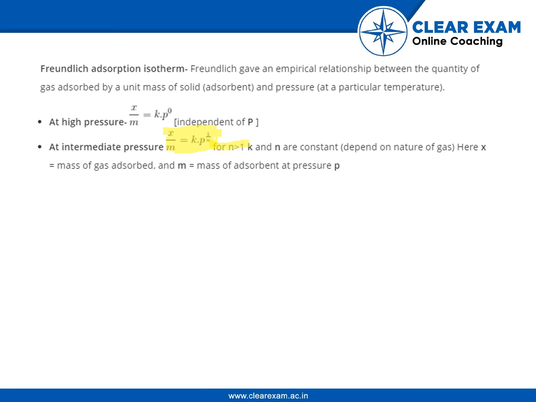In this, you have to remember one thing, that temperature is constant, T is equal to some constant. Using this formula, we can easily compare the amount of gas adsorbed if we change the pressure.